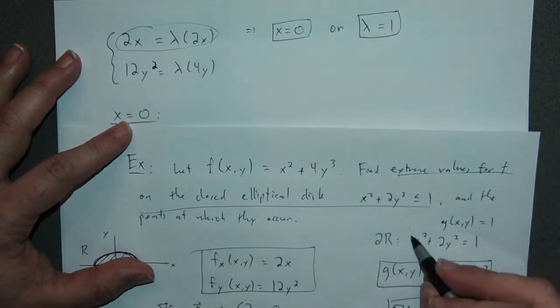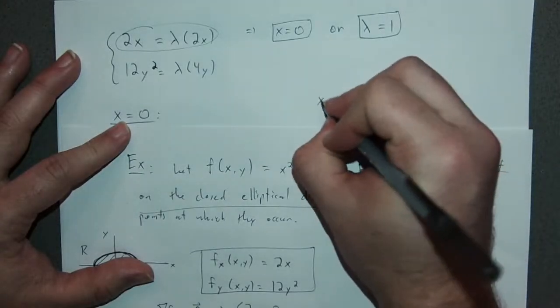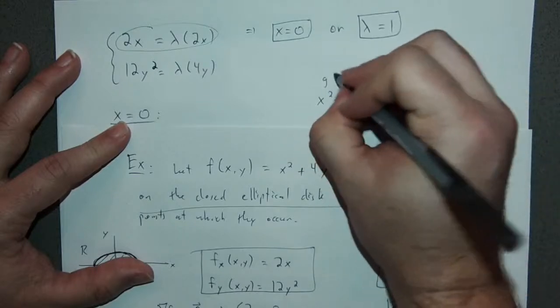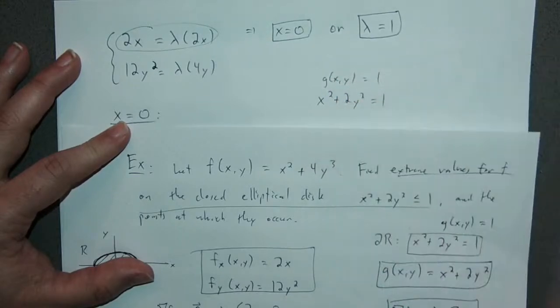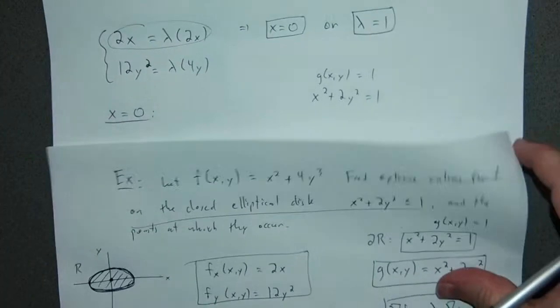That is, I must have this condition, x squared plus 2y squared is equal to 1. So recall, x squared plus 2y squared must be equal to 1. This is g of xy is equal to 1.